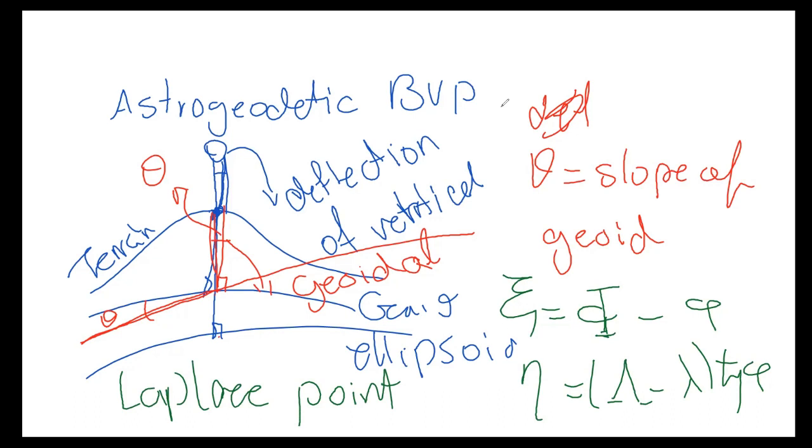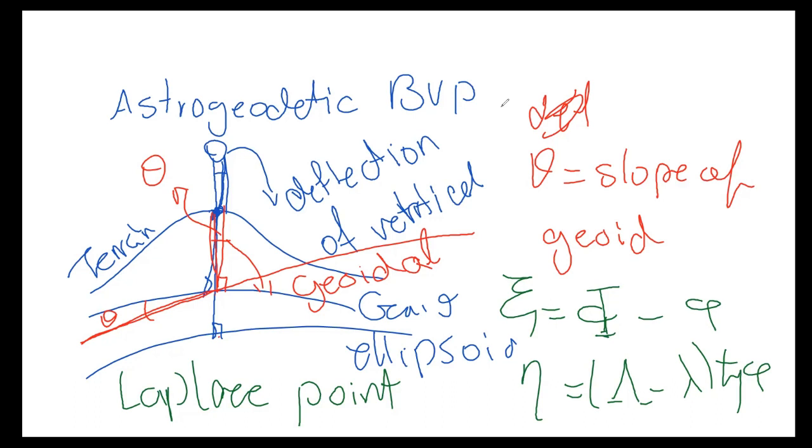So for example, at a point we have astronomical coordinates, and how do we get them? With measurements to the stars, we will determine phi and lambda. That's called astronomical. But for the same point, we compute the geodetic latitude and geodetic longitude using the classical geodetic method, or the ellipsoid's geometry.